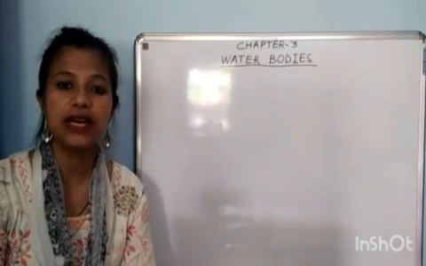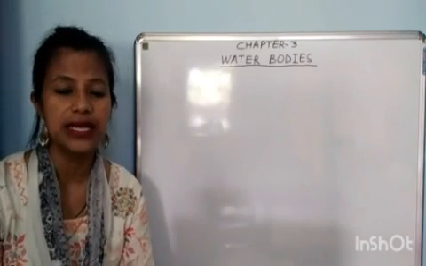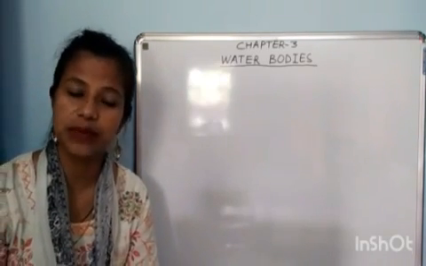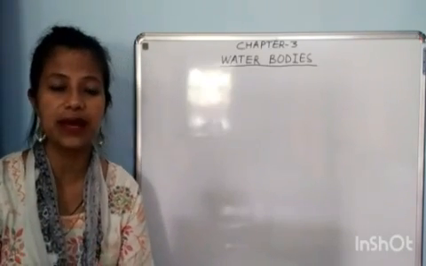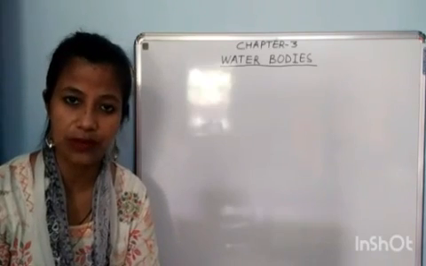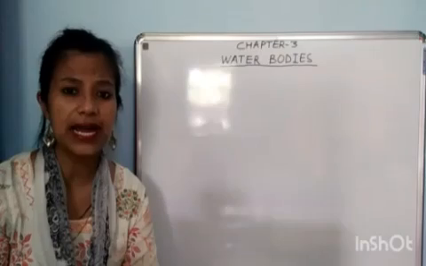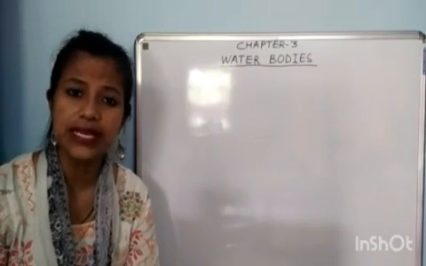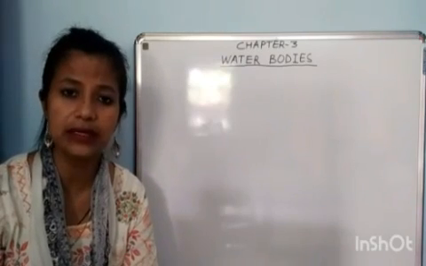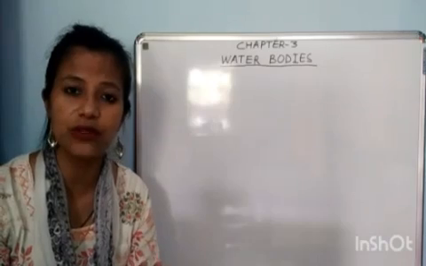If we count from larger ocean to smaller, then the largest ocean is the Pacific Ocean, then Atlantic Ocean, then Indian Ocean, then Southern Ocean, and the smallest is the Arctic Ocean. These 5 are the oceans of the world.